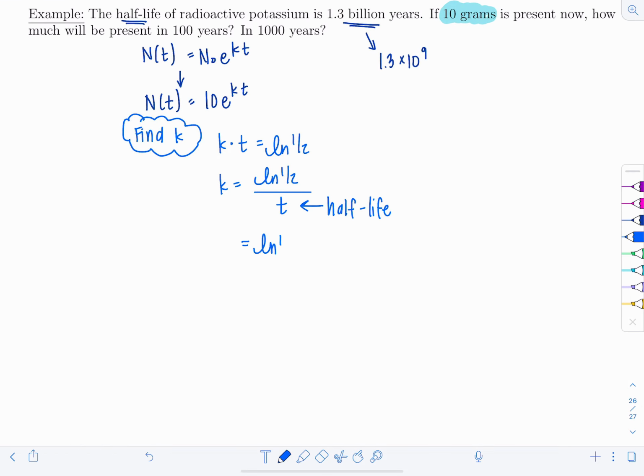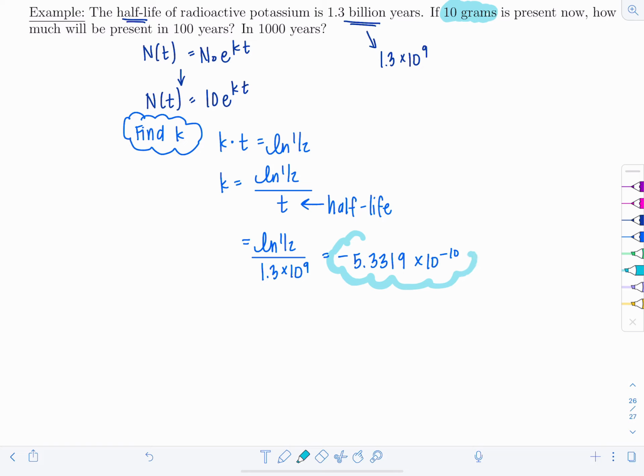So this is ln of 1/2 over 1.3 times 10 to the 9th. Guys, it's going to be super small. So I have about negative 5.3319 times 10 to the negative 10th. If your calculator can store values, store it. That's k.